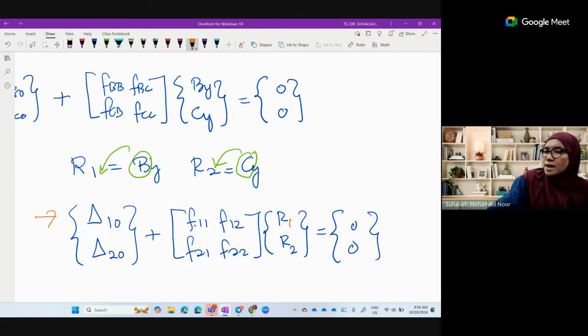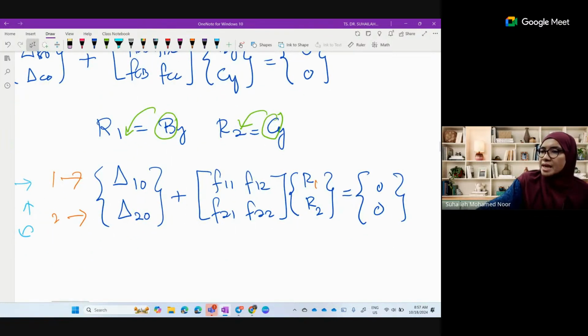So line number 1, line number 2, right? Sama je. Dia line number 1, position semua 1, 1, 1, 1. Nampak tak? Bila line number 2 semua 2, 2, 2, 2, right?